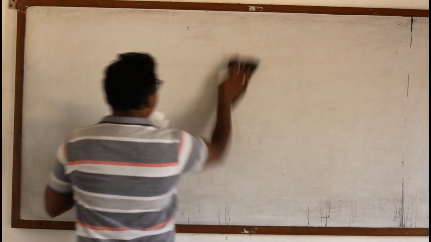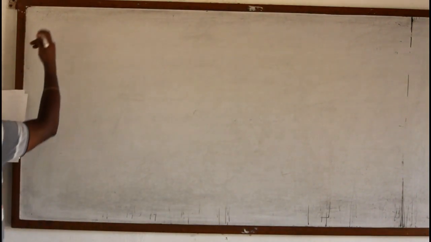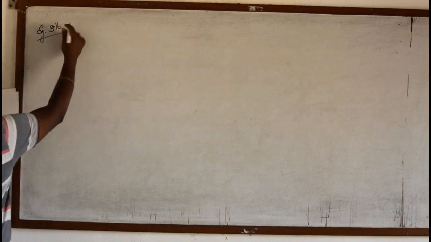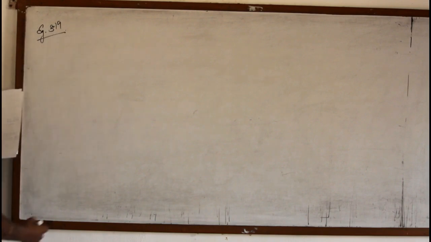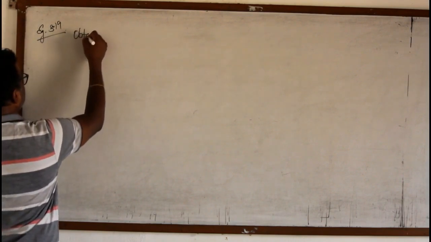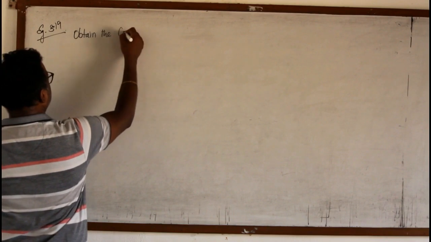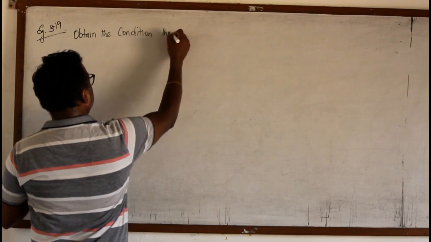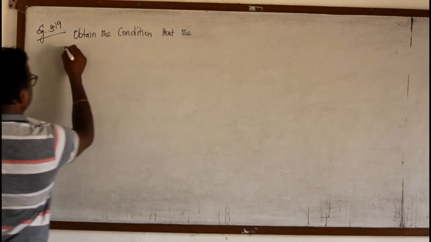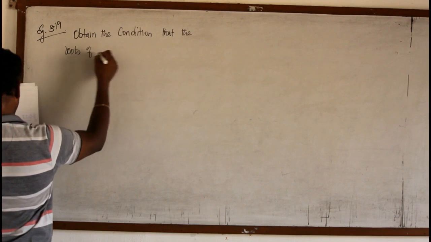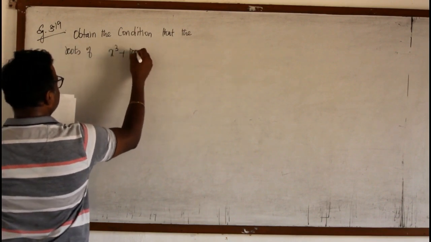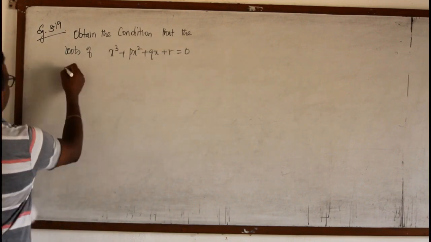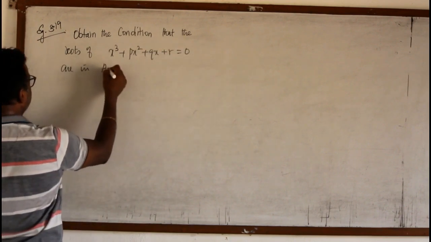Now, with the different types of solving we have seen, we shall go for some study among the roots, that is, if the roots are in some progressions. Example 3.19, obtain the condition that the roots of x cube plus px square plus qx plus r equal to 0 are in AP.